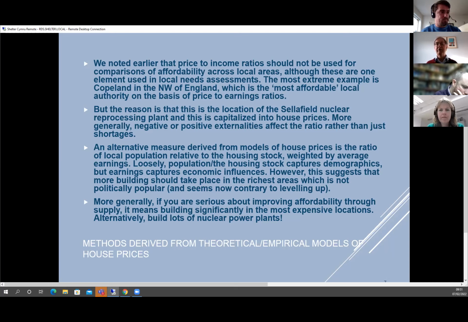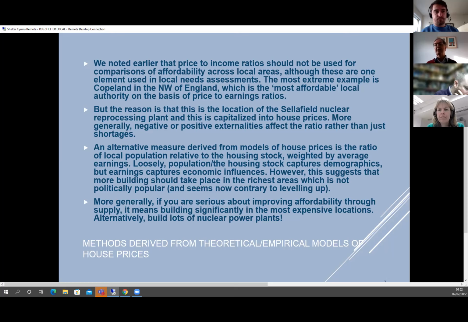There is one really extreme example of the nature of the problem, and this is the local authority called Copeland in the northwest of England. If you look simply at the price to earnings ratio for Copeland, it is by far the most affordable local authority in the country. But the reason is that it's the location of the Sellafield nuclear reprocessing plant.